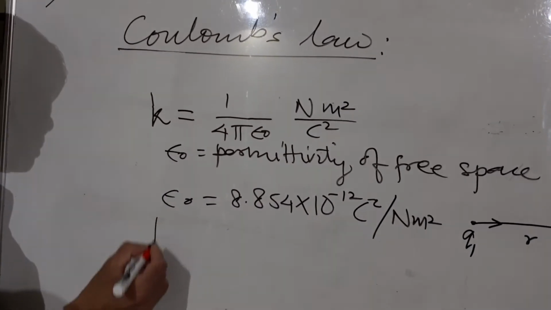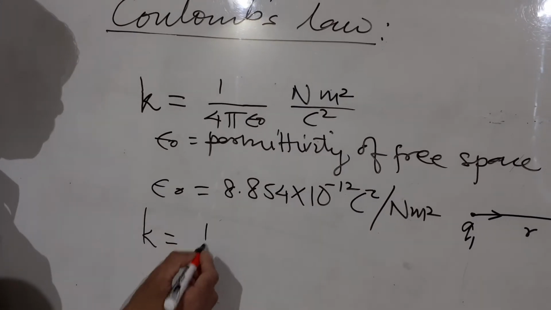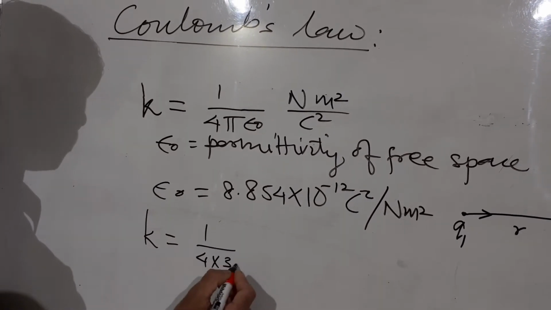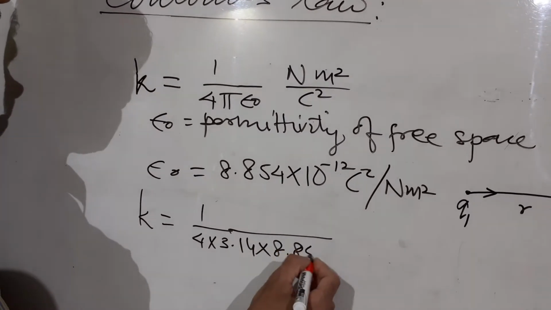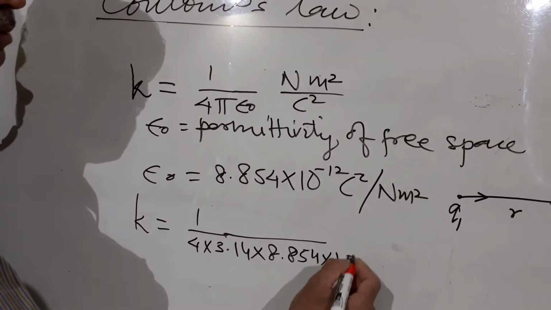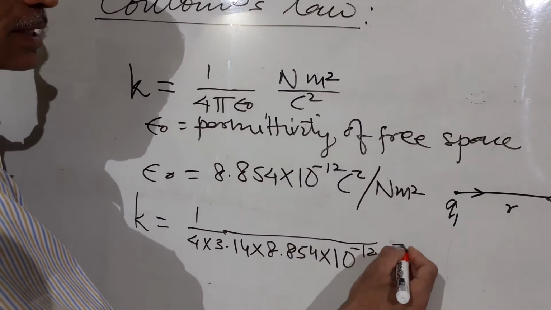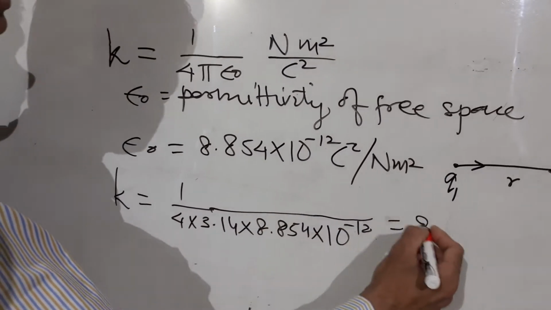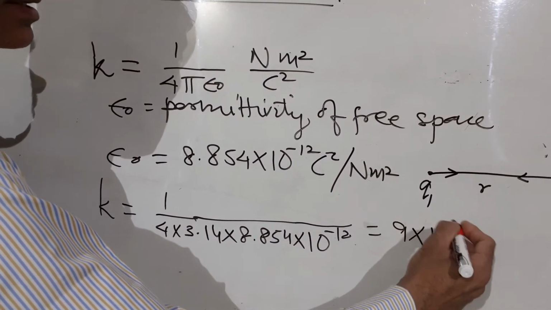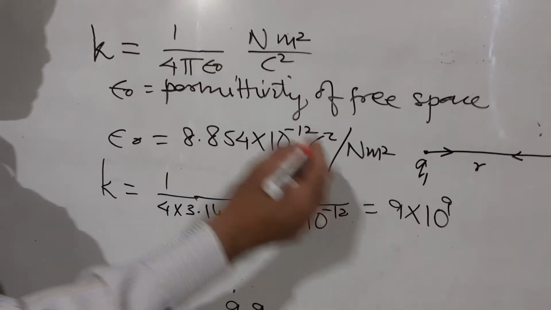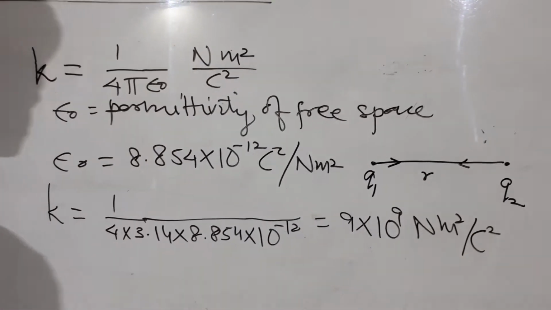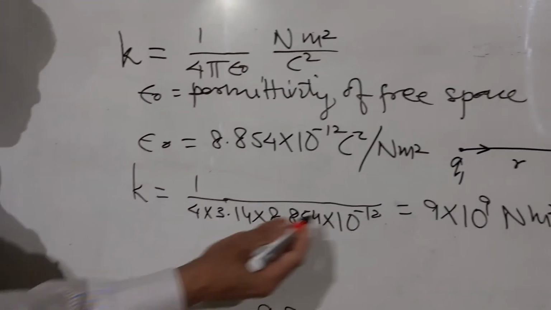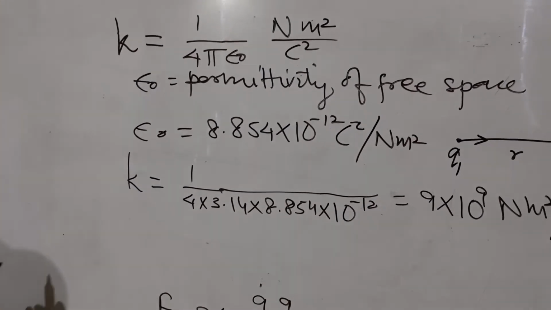So the value of this constant K is equal to 1 by 4 into 3.14 into 8.854 into 10 to the power minus 12. It comes out to be 9 into 10 to the power 9 Newton meter square per Coulomb square. So this is the constant that is determined experimentally.